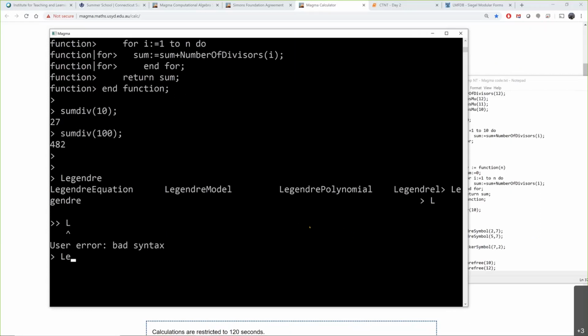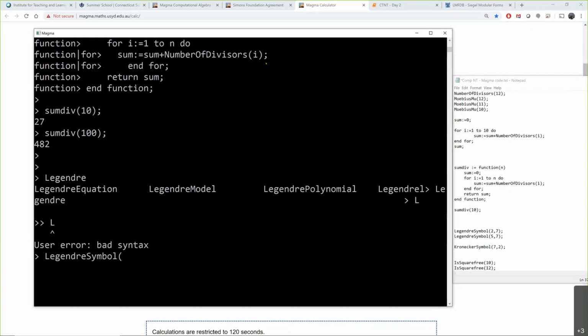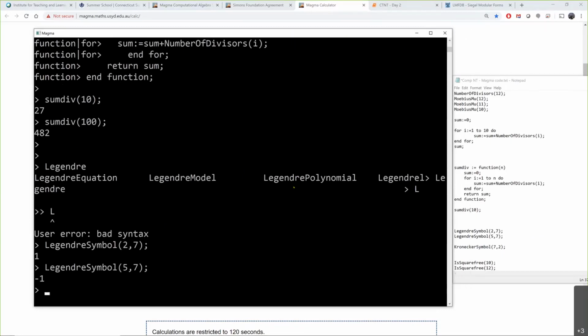What I'm looking for is the Legendre symbol, the quadratic reciprocity symbol. The quadratic symbol for 2 over 7, for example, is 1 because 2 is a square mod 7. The Legendre symbol for 5 over 7 is -1 because 5 is not a square mod 7.